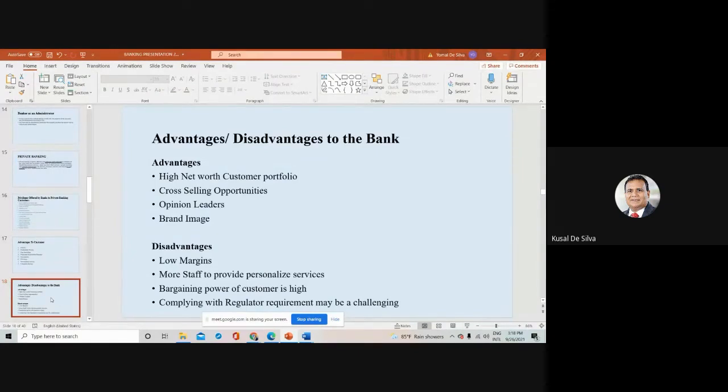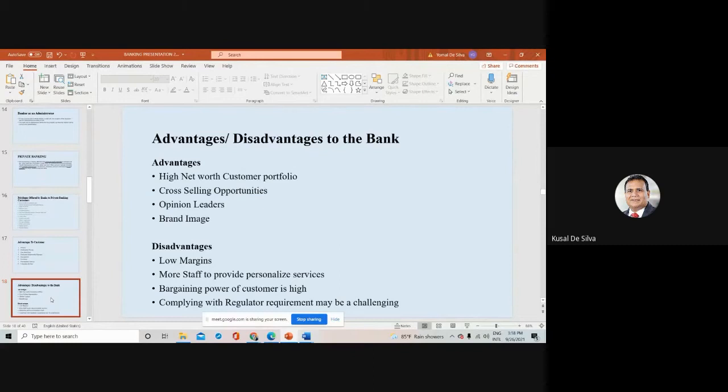Sometimes they may be the owner of a huge multinational company or a big company, so he may recommend the bank for their employees. Then their loans and other deposits will all be diverted to that particular bank if they are happy with the personalized service they get from the personal banking unit.